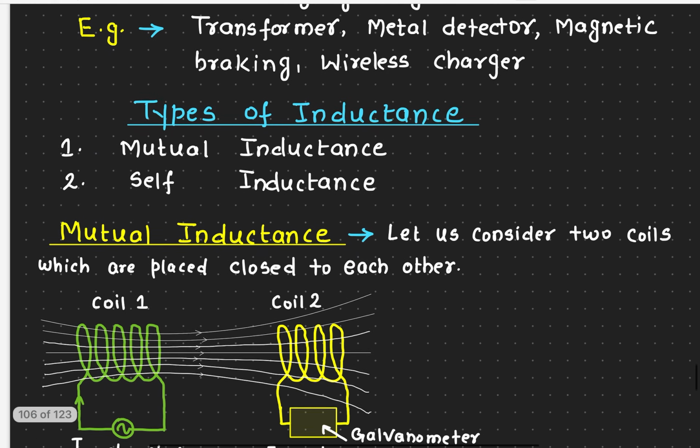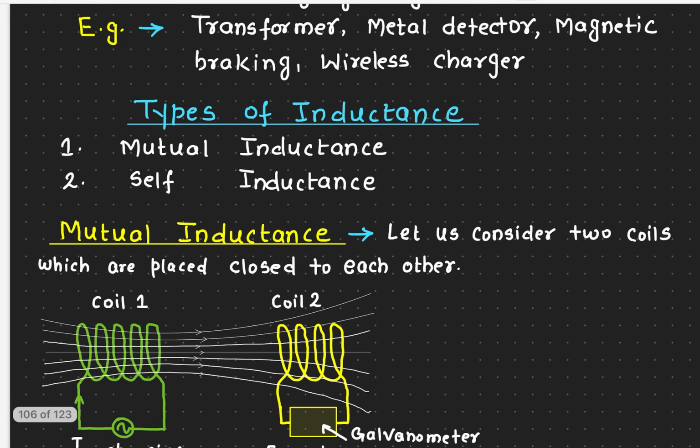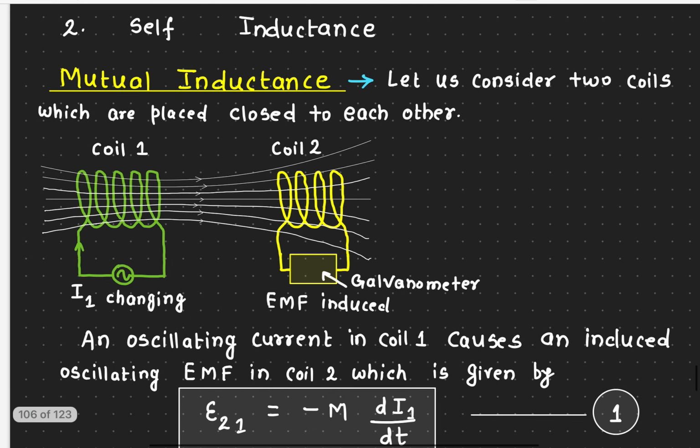There are two types of inductance. One is mutual and the other is self. We'll go one by one. For the mutual inductance, we have at least two coils in the system. Here we're considering two solenoids, or two coils, which are placed next to each other.